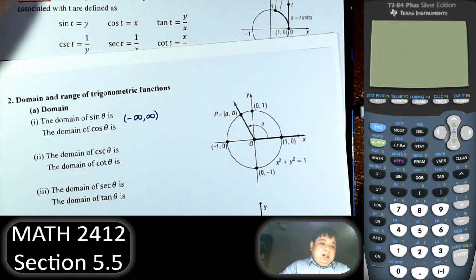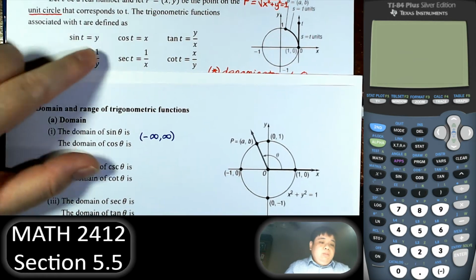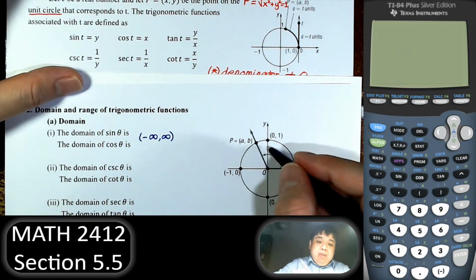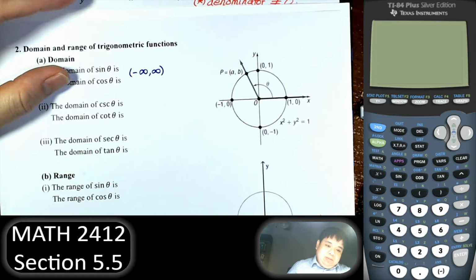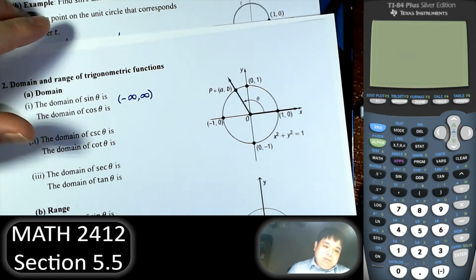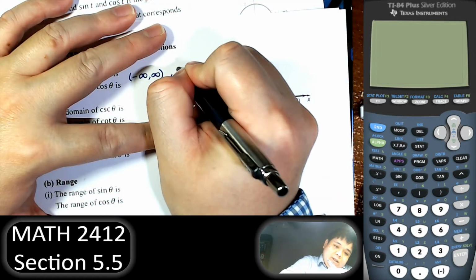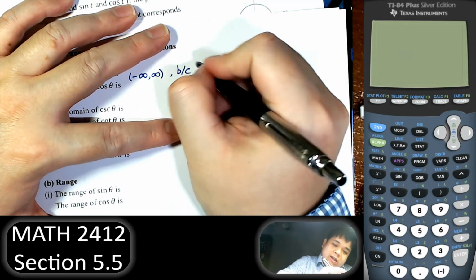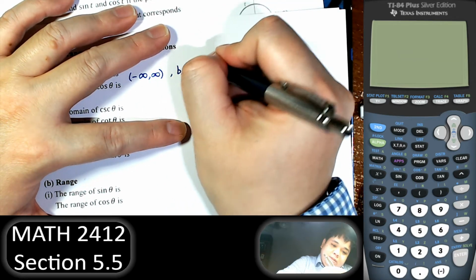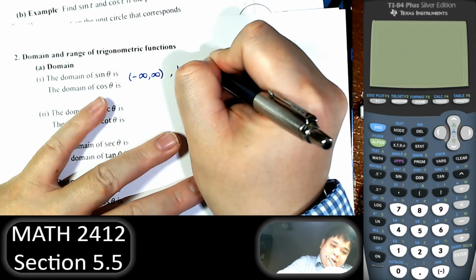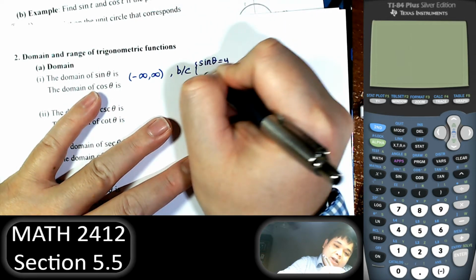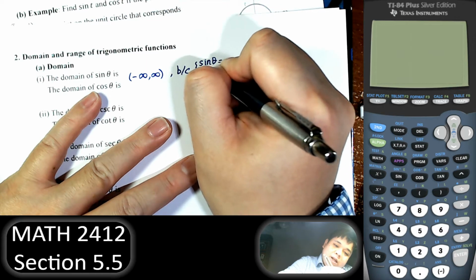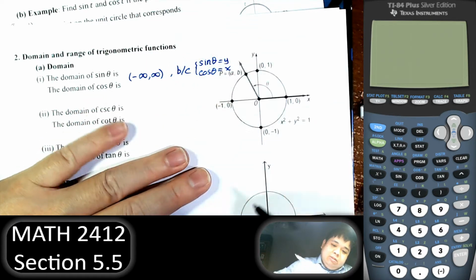Because sine is equal to y, cosine is equal to x. It doesn't matter where the point is, x and y are always defined, right? Because sine theta is equal to y, cosine of theta is equal to x.